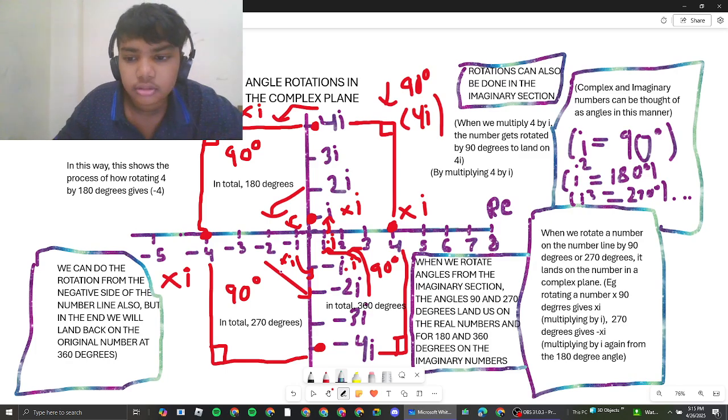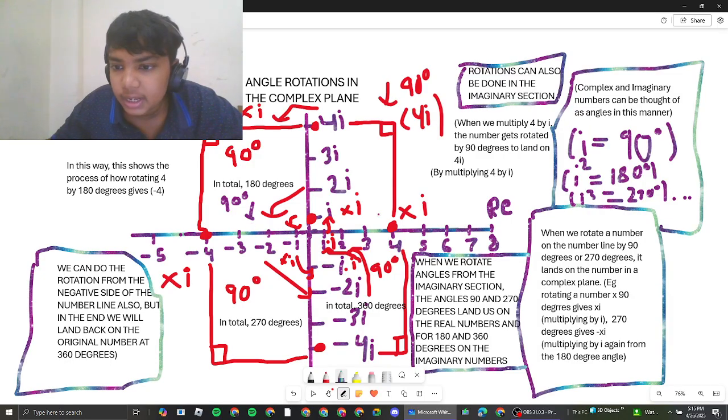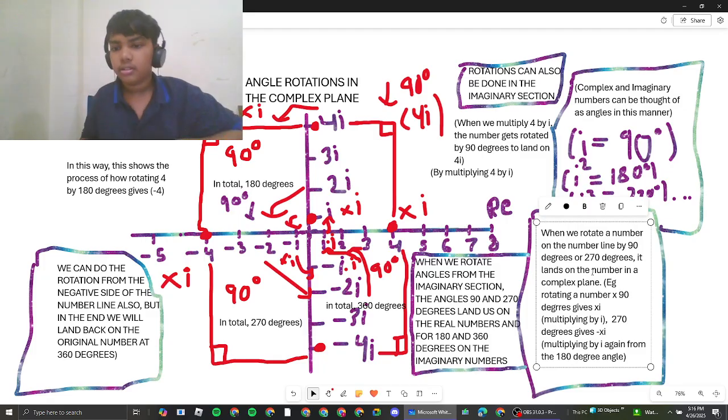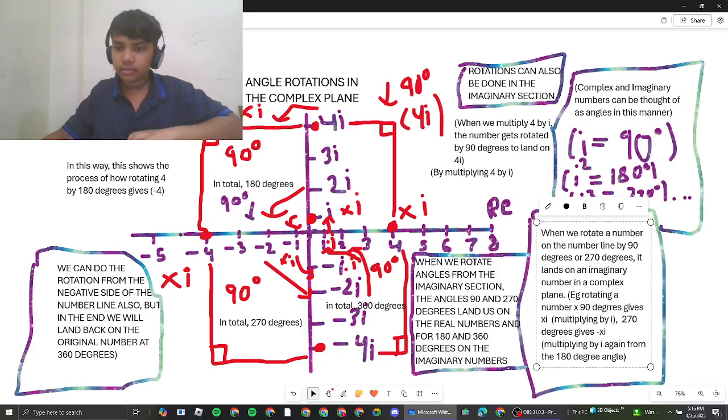Now just keep this in mind: when we rotate angles from the imaginary section, like suppose I have 2i, if I multiply this by I, I'll get -2, which lands us on the 90 degrees. But when we do it for the real numbers, 90 or 270 degrees lands on an imaginary number in the complex plane.